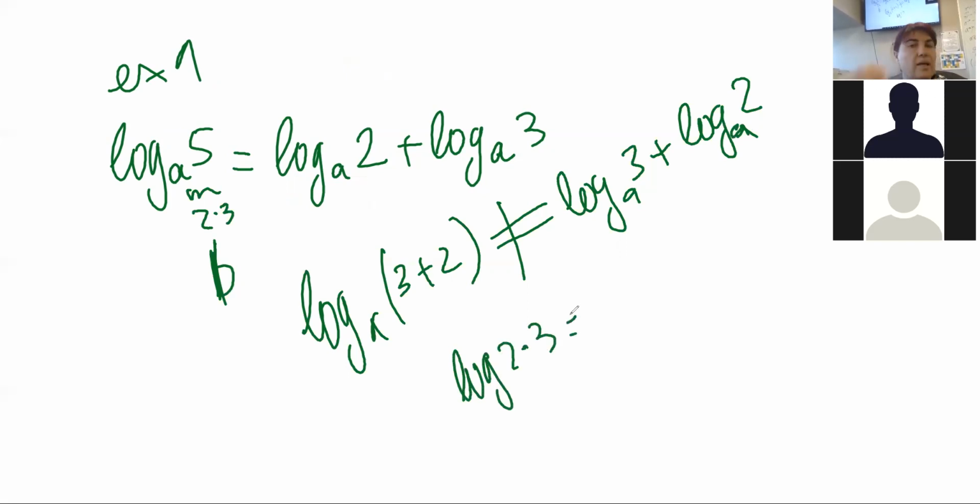Then it's right. So in this case, the answer cannot be found using these properties. So the answer is no, we cannot find it. You have this knowledge, and that is it, you do them.